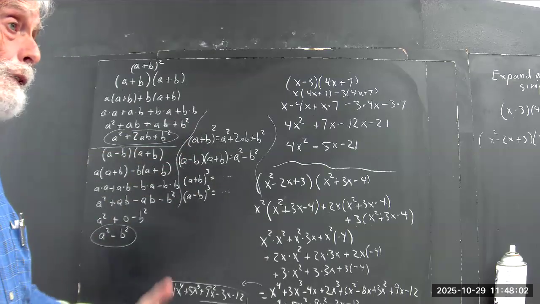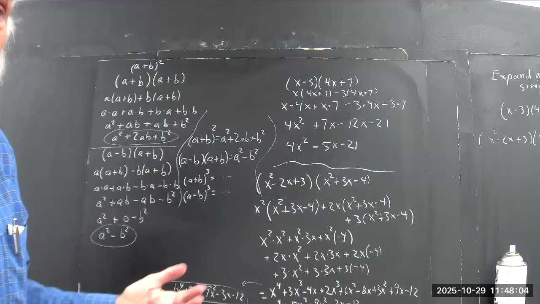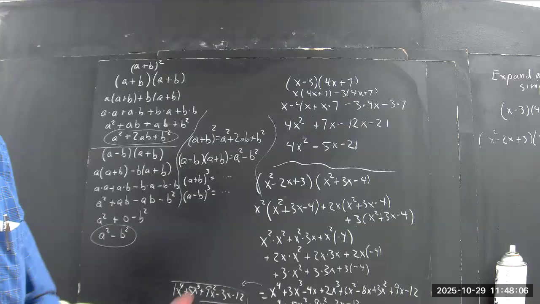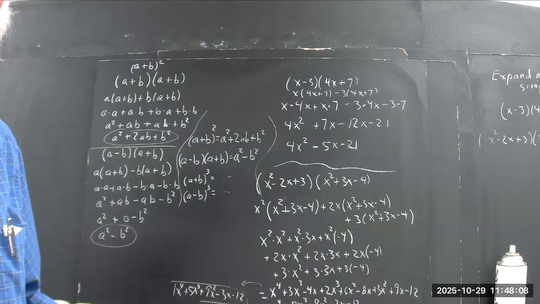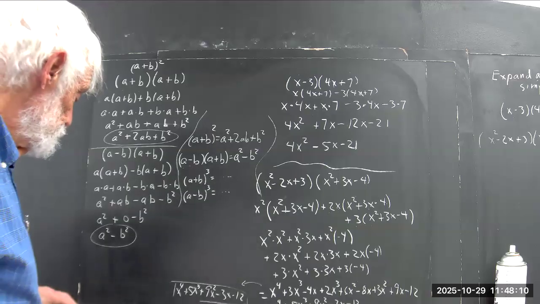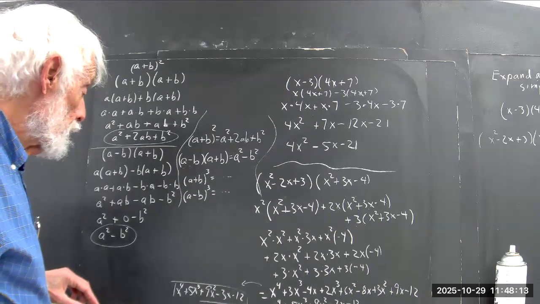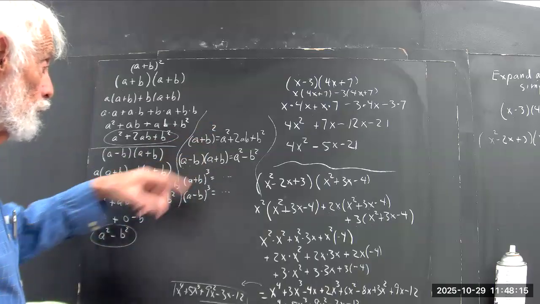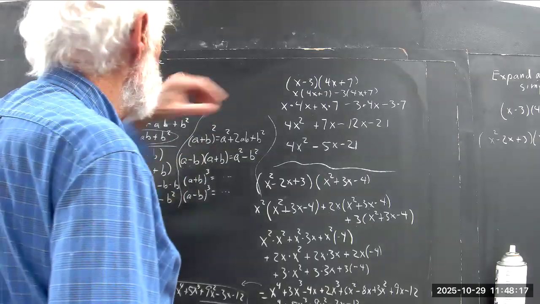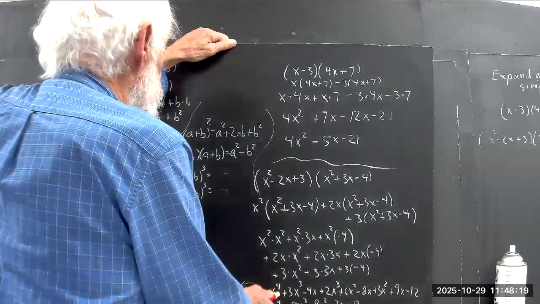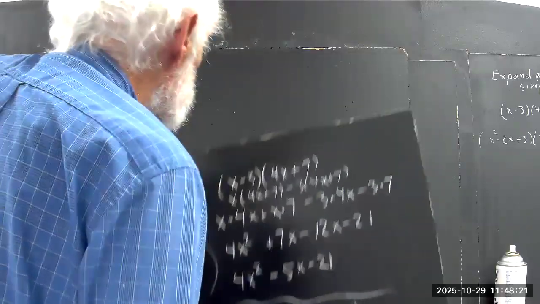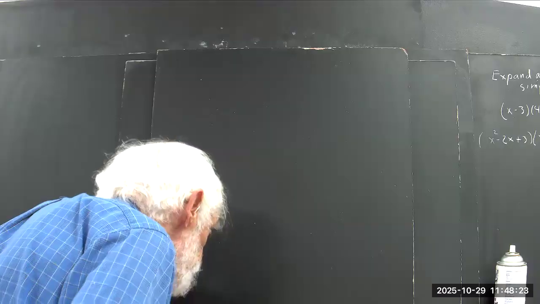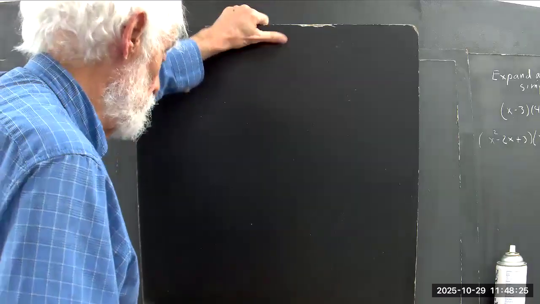And if you see them in the future, you should be able to recognize what's going on and understand, yeah, I could do that myself. We can apply these formulas. So I'm going to write them again, and give myself a little bit more room here.